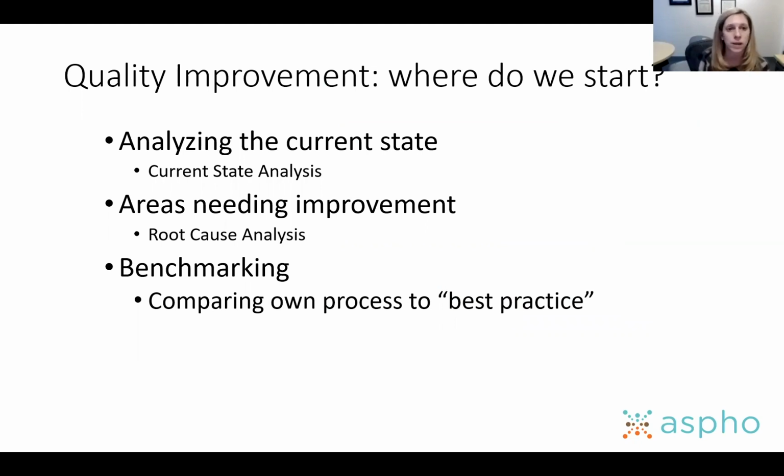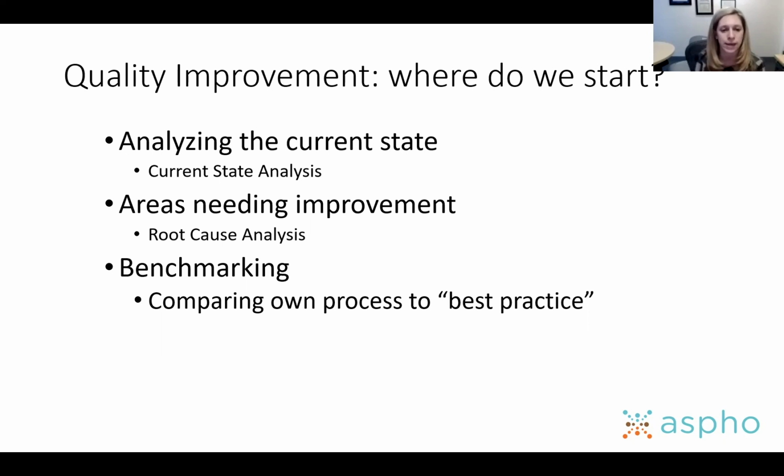When we begin a quality improvement initiative, we tend to begin by analyzing our current state. This is frequently called, cleverly, a current state analysis. That process helps us to understand what areas really need improvement, and we can do a root cause analysis to learn more about why things might be the way that they are.